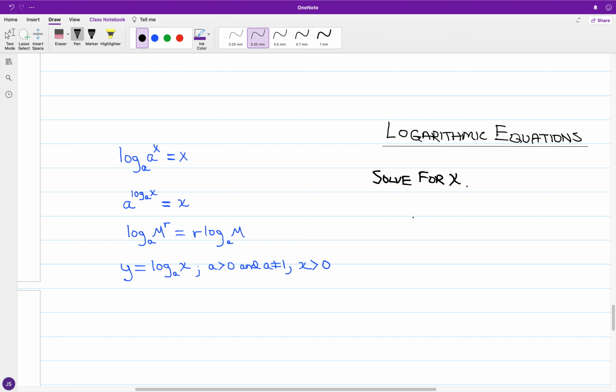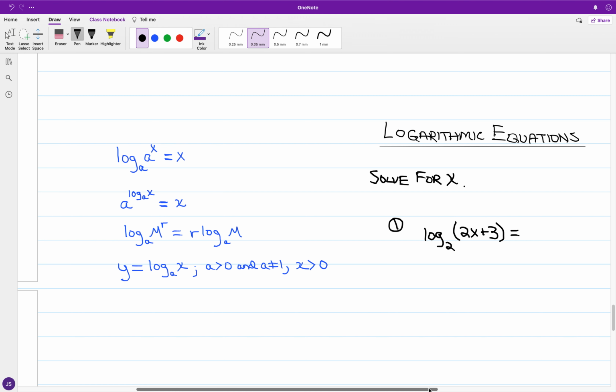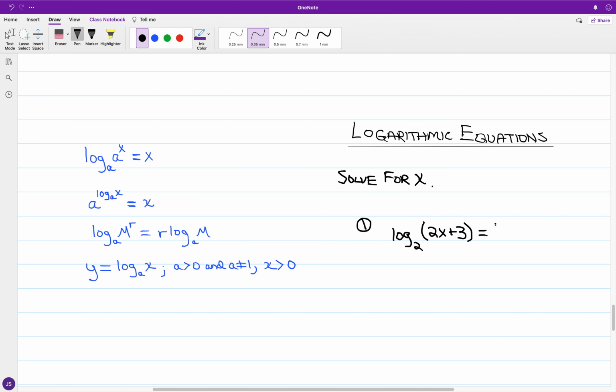For starters, let's say the base 2 logarithm of the quantity 2x plus 3 is equal to the base 2 logarithm of the quantity x plus 14.